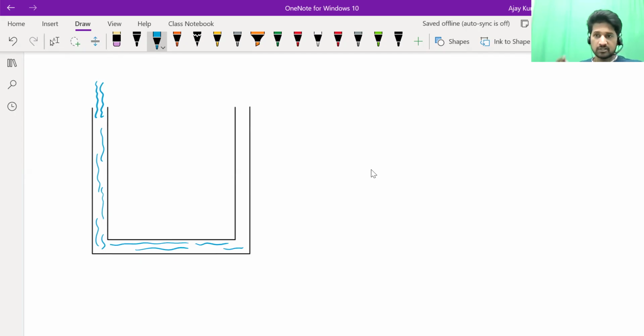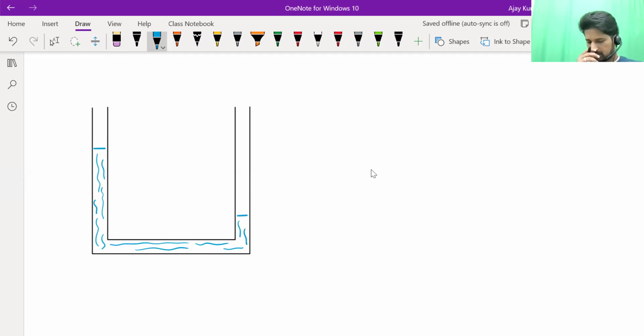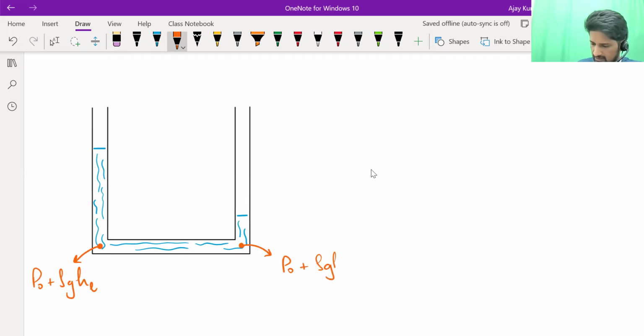Why? Because if the height of the liquid is not equal on both sides, for example, consider something like this. Let's say in one arm it is filled till this level, in the other arm it's only filled till this level. Then what will happen? The pressure at this point will be P naught plus rho g, height in the left arm. The pressure at this point will be P naught plus rho g, height in the right arm. If the heights are not equal, these pressures won't be equal.